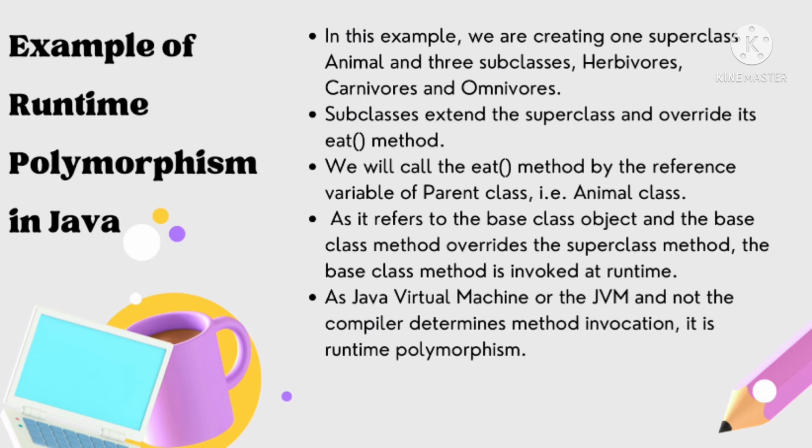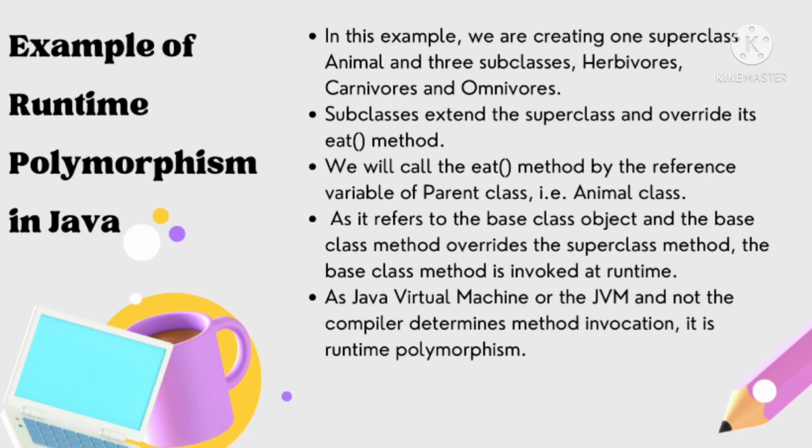We will call the eat method by the reference variable of the parent class, that is animal class, as it refers to the child class object, and the child class method overrides the superclass method, the child class method is invoked at runtime.